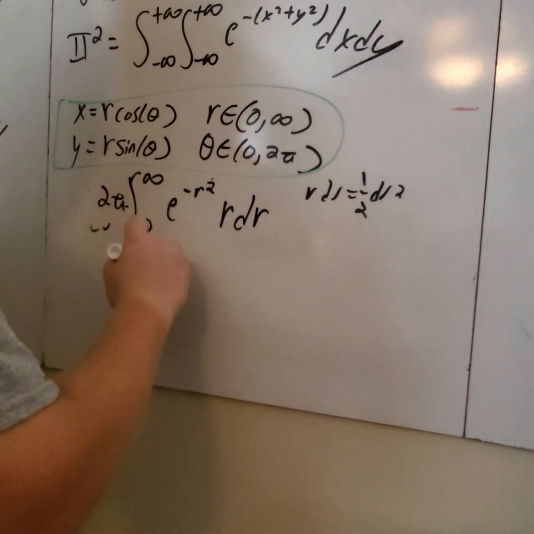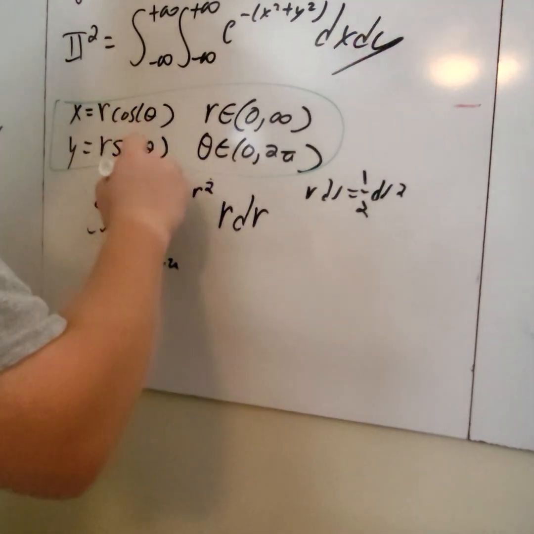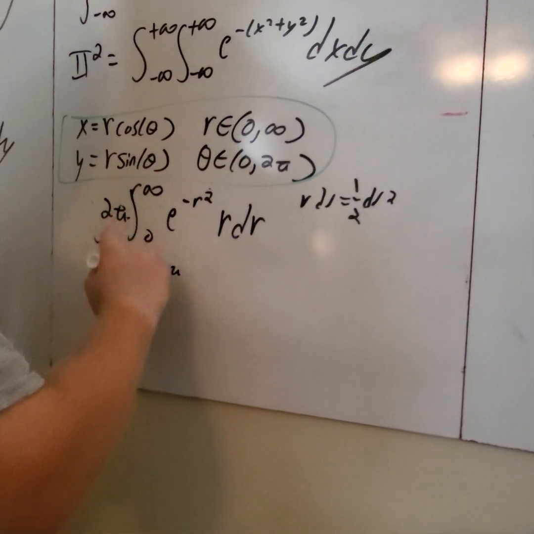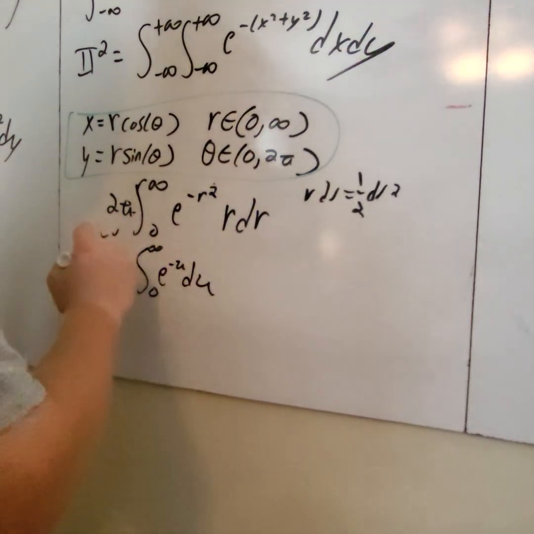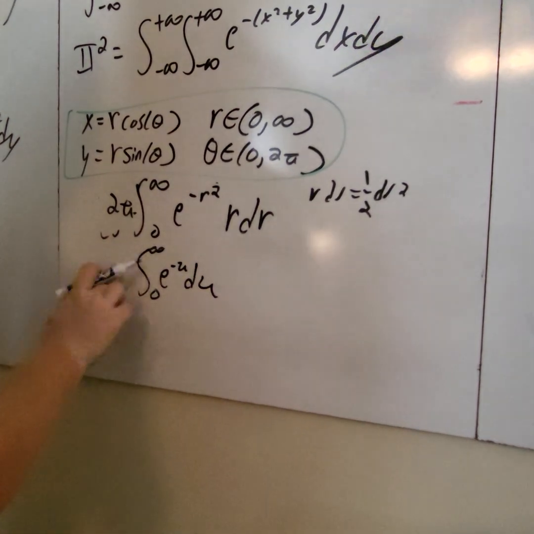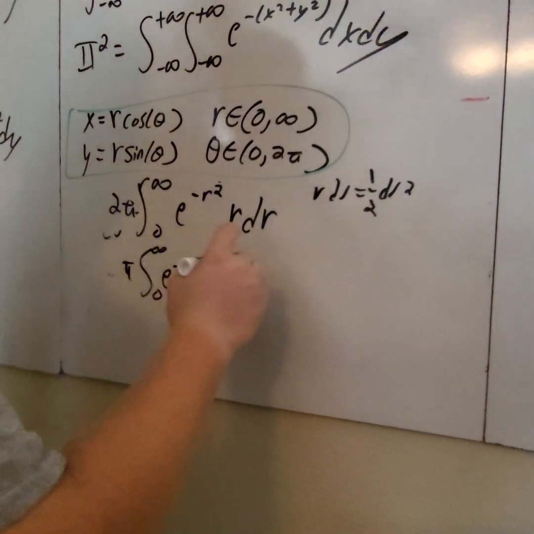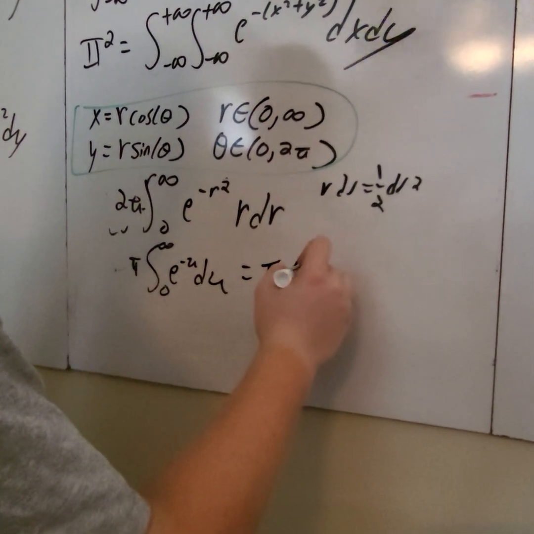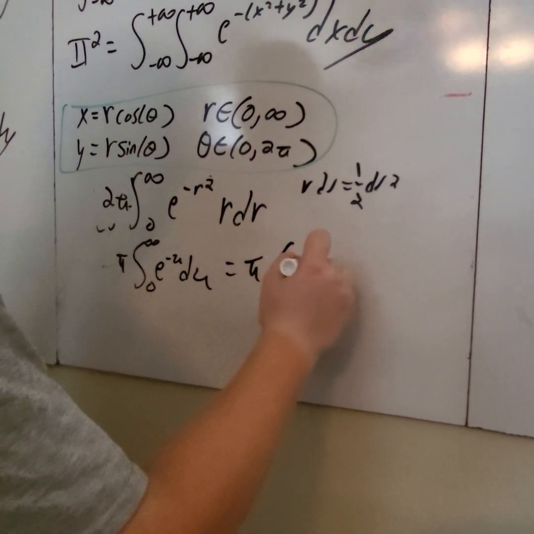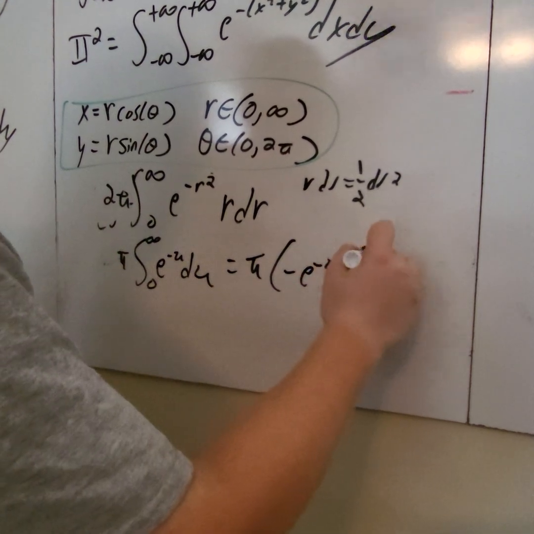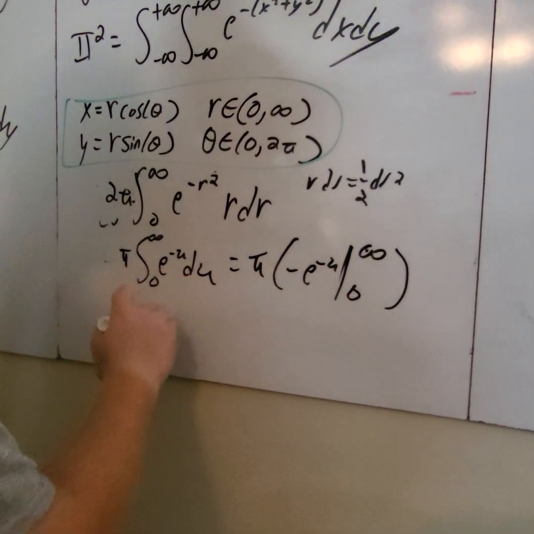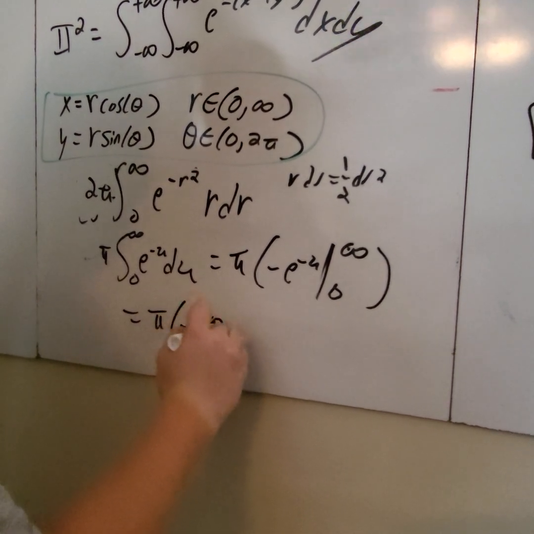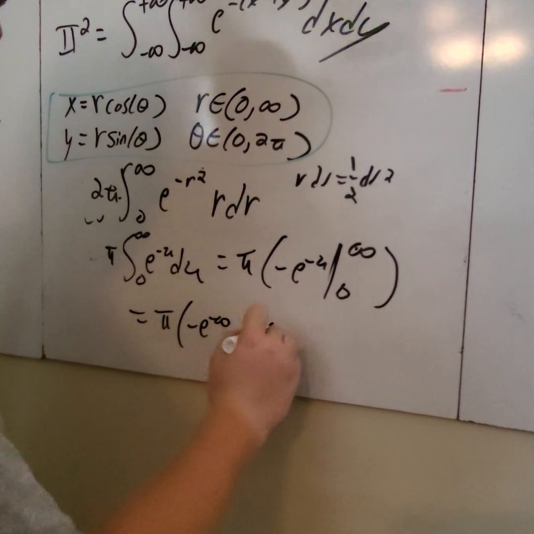And we can say r squared is now u, and infinity squared is just infinity, and 0 squared is just 0. So the integral from 0 to infinity of e to the minus u du, and then the factor of 1/2 just takes it to pi. And that's equal to pi times negative e to the minus u from infinity to 0, equals pi times negative e to the infinity plus e to the 0.